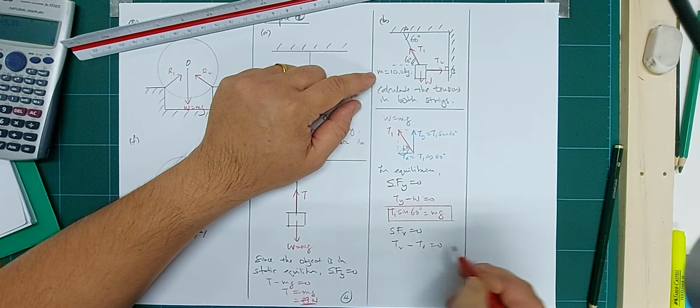You have 8 times RB sine theta RB equal to, this one will move over to the other side, RW, W, and sine theta W. Sine 90 equal to 1. RW is 5 meter, and the W is mg. And this one is also sine 90 degree. So both become 1. You can simplify your equation, become RB is equal to 5 over 8 mg.